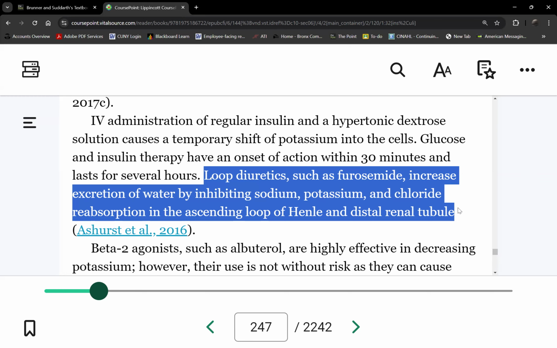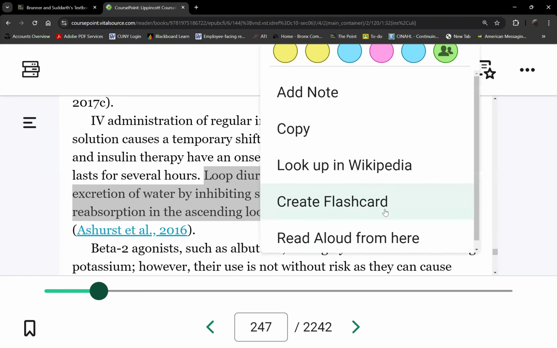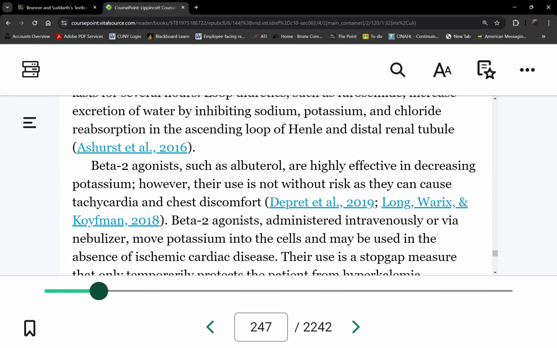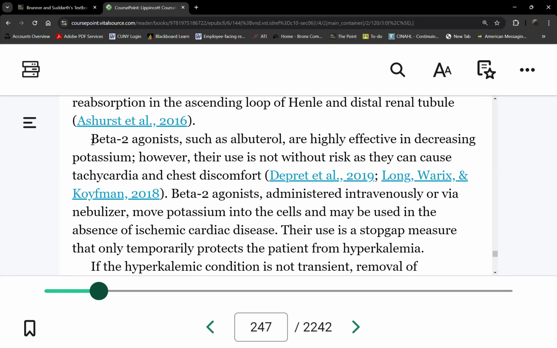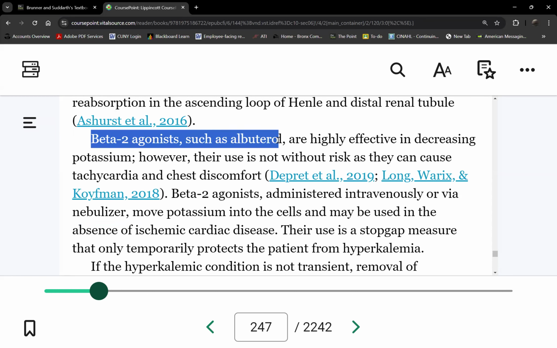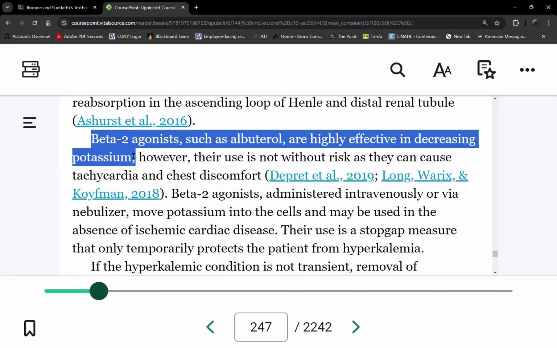Sodium, along with potassium and chloride, are also excreted. Are we clear? Okay. Here are other options. Beta-2 agonists like albuterol will decrease potassium.